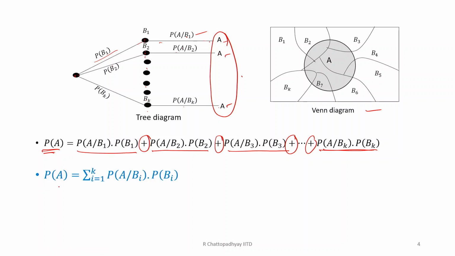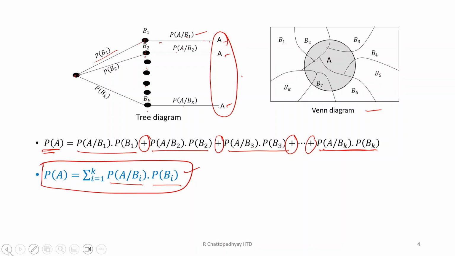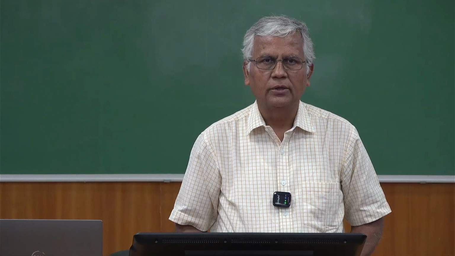If I simplify my writing instead of going up to K, I can write P(A) equal to sigma i equal to 1 to K of P(A by Bi) into P(Bi), with i varying from 1 to K. This is known as the theorem that we are discussing, the final formula of the theorem of total probability.